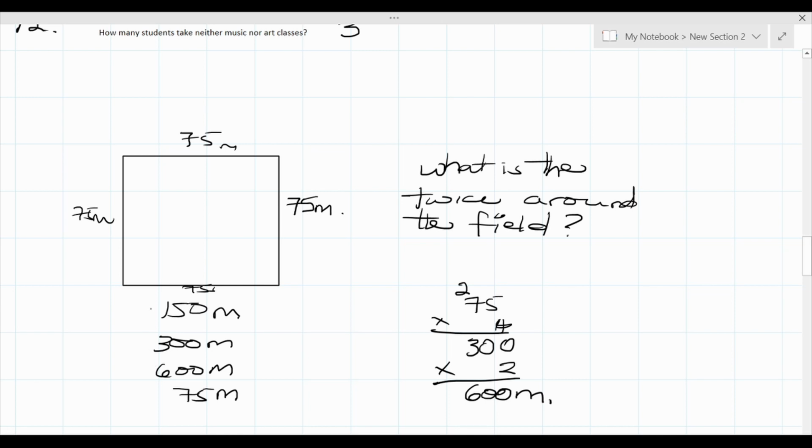So my answer, if this is A, B, and C, my answer would be C, 600 meters. So in this question, they're really trying to test our knowledge of perimeter. To say Tremaine walked around this field twice, the distance covered would be what? 600 meters.